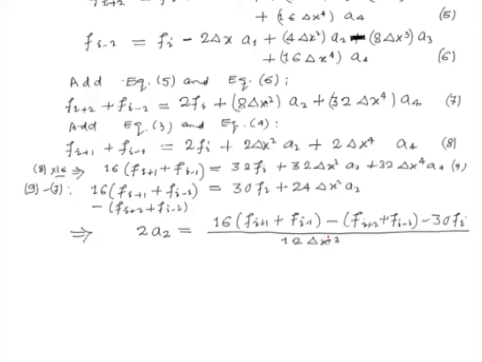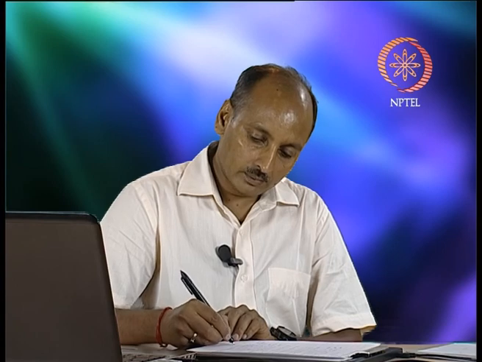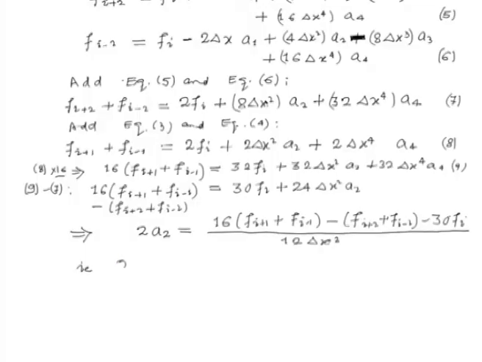That's what we were looking for, because twice of a2 gives us the second derivative, that is del 2f over del x square at I. Now we have got an approximation for it.